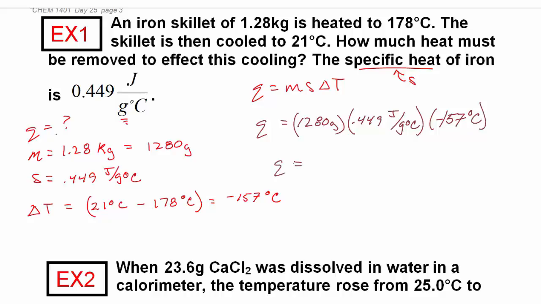That gives about negative 9 times 10 to the 4th joules. And I want my Q to be negative because that heat is being lost. It's cooling down.